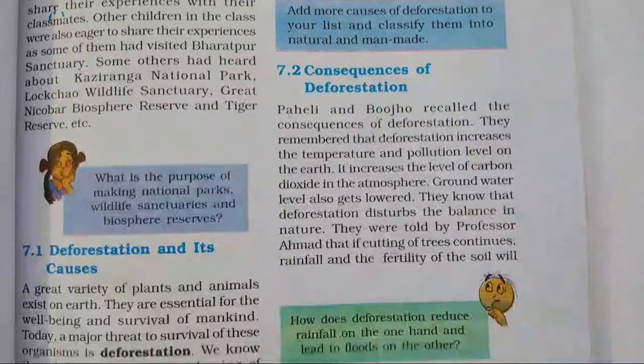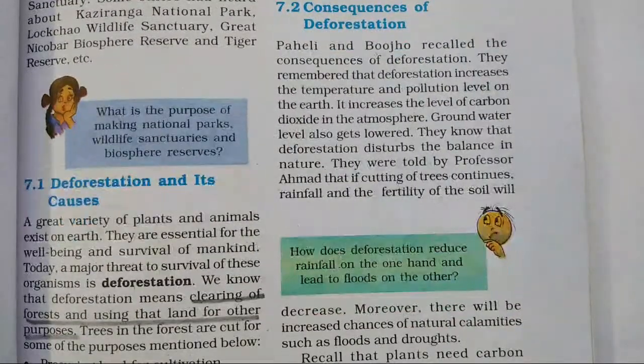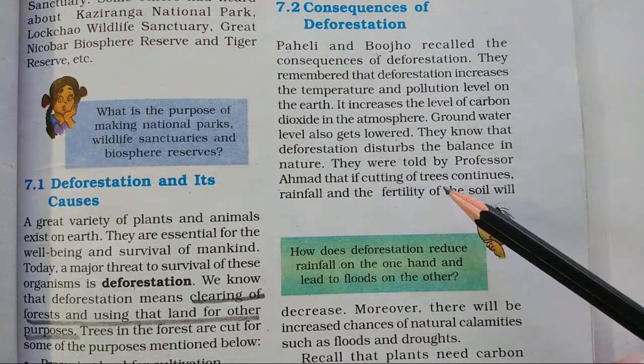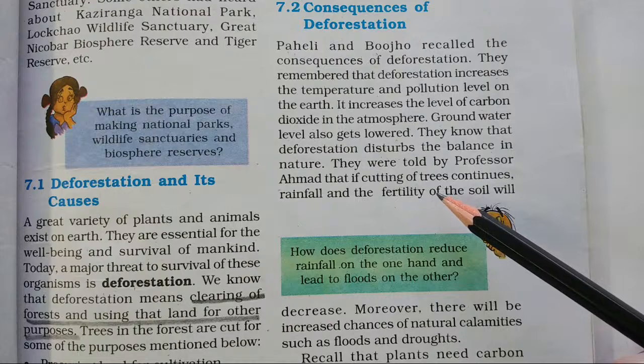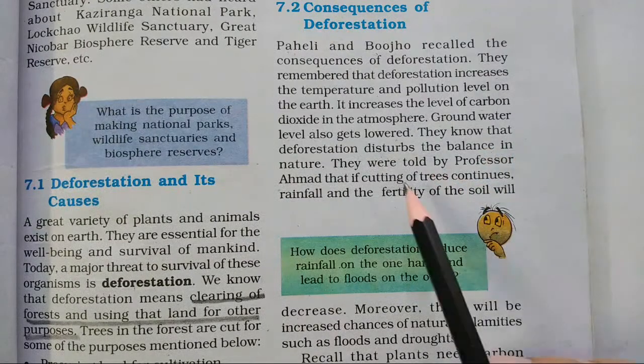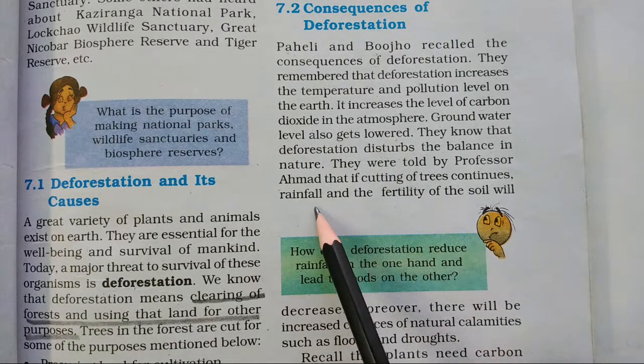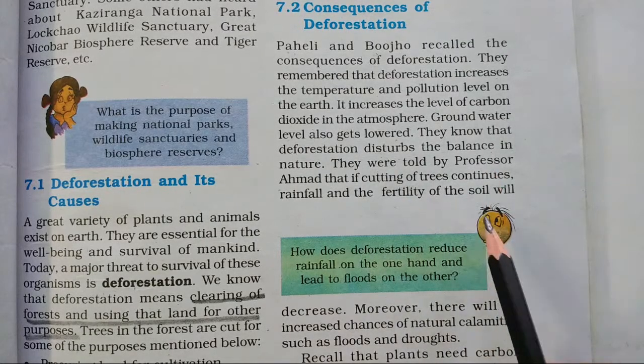This is something which you have studied earlier. Deforestation disturbs the balance in nature. Which balance? The balance of plants, the balance of the animals, and the food in the environment. They were told by Professor Ahmed that if cutting of trees continues, rainfall and fertility of the soil will be affected.